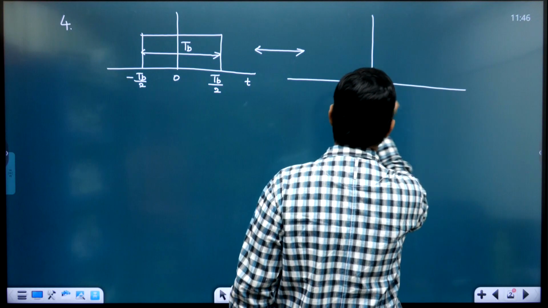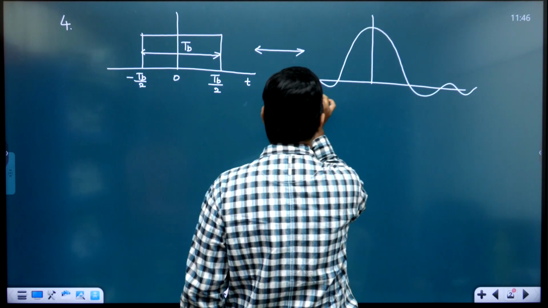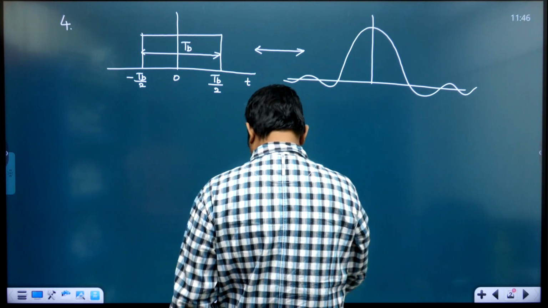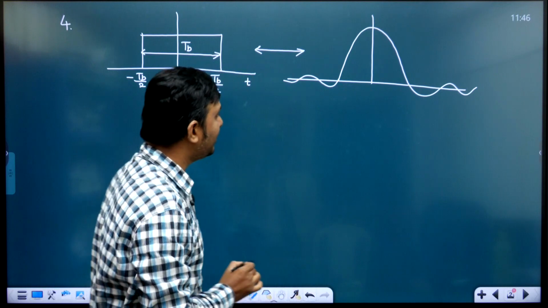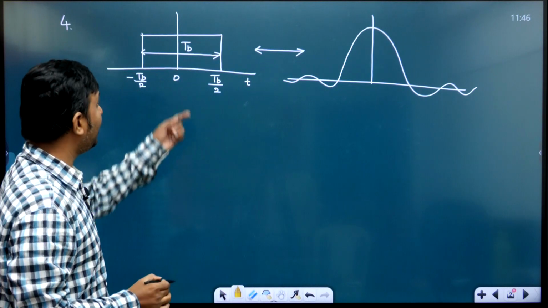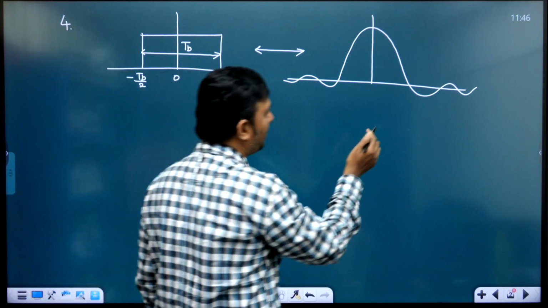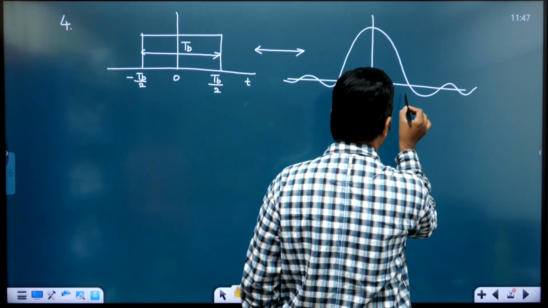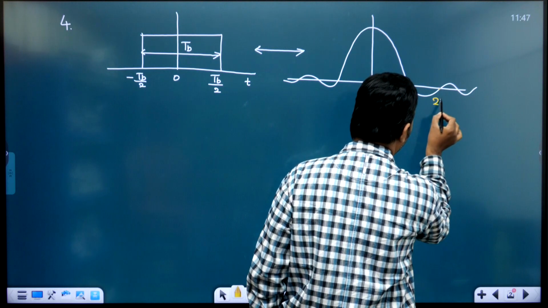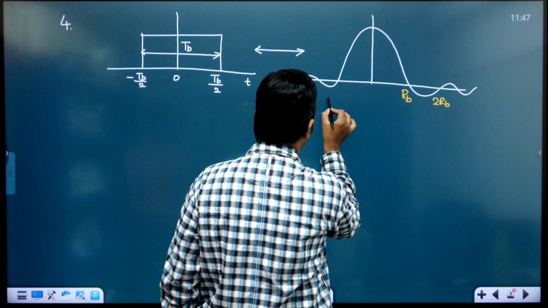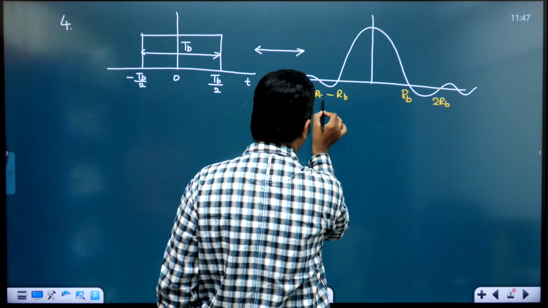This point is called the first null, and this first null point is equal to the reciprocal of the pulse width. Pulse width is TB, reciprocal of this pulse width means 1 by TB, which is RB. Second null point becomes 2RB, and on the other side minus RB, minus 2RB, and so on.